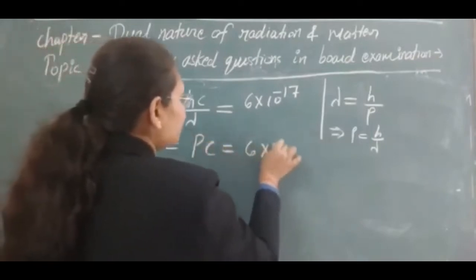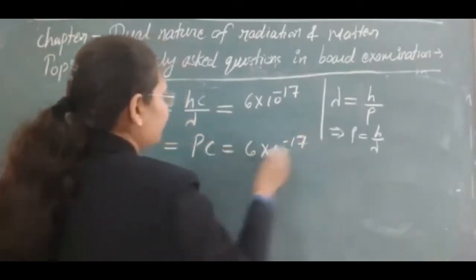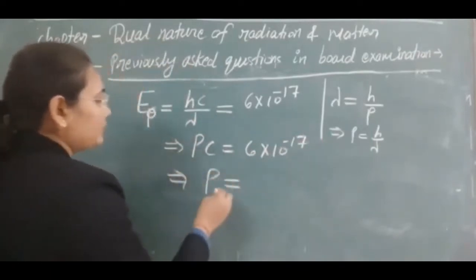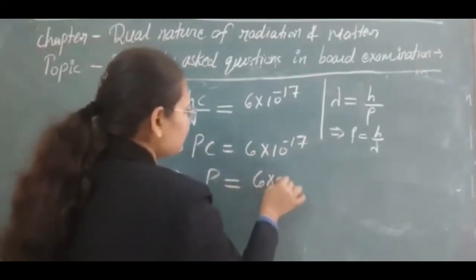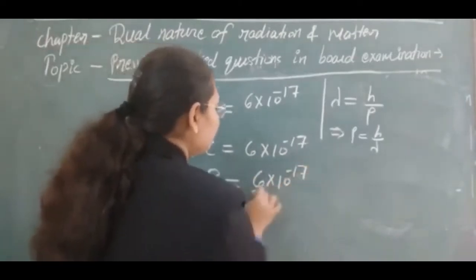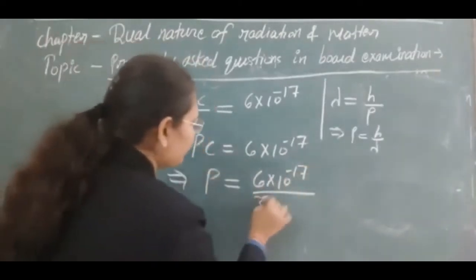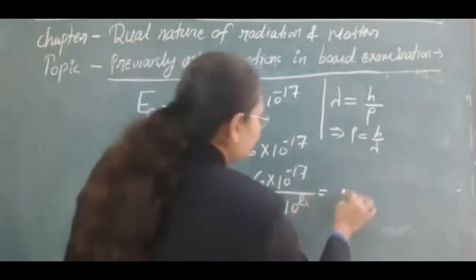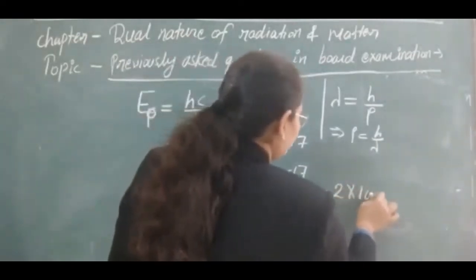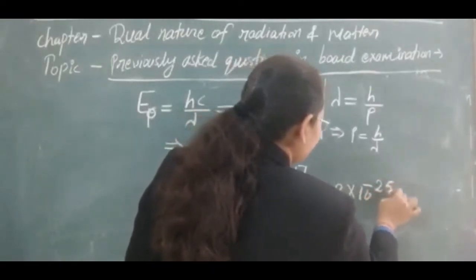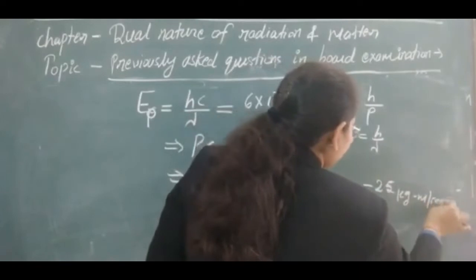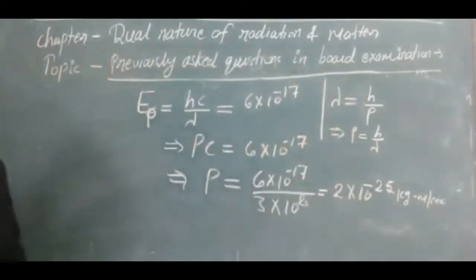This is equal to 6 into 10 power minus 17 divided by c, and if you put the value of c, finally this will be obtained as 2 into 10 to the power minus 25 kg meter per second. So this is our final answer.